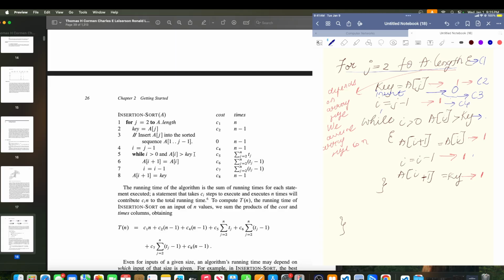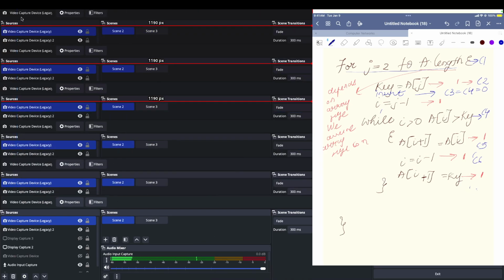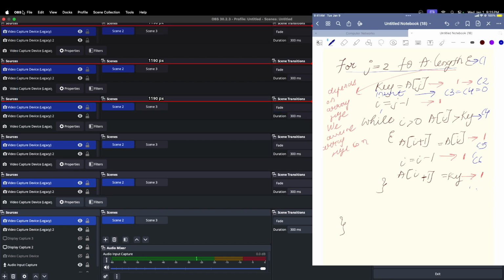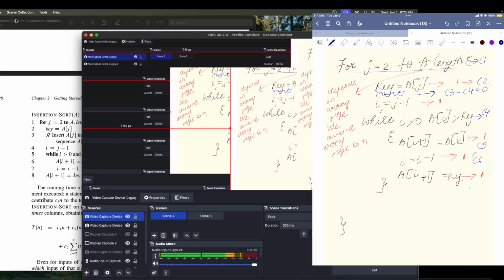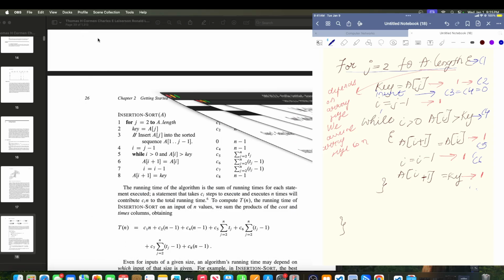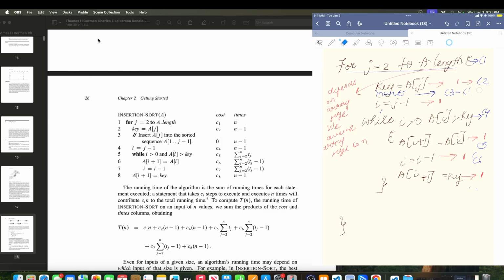Basically C3 is 0, right? So I can write over here C3 equal to 0, only C3 is 0.